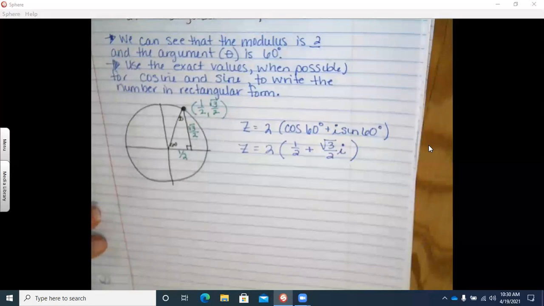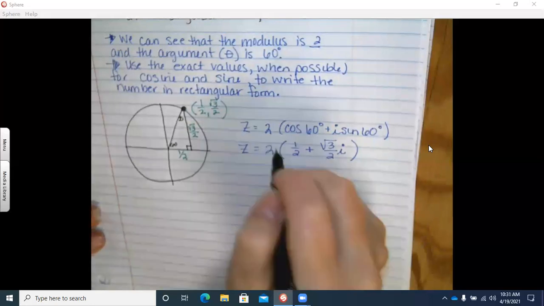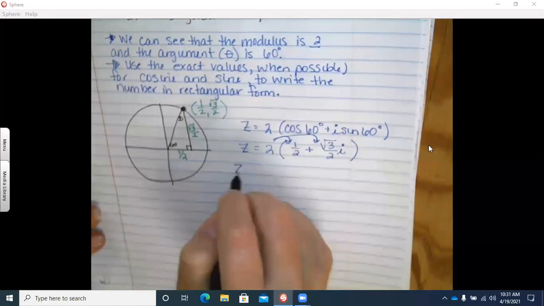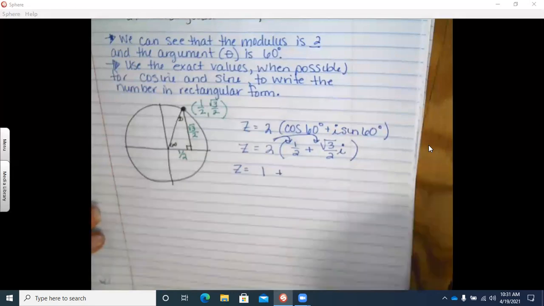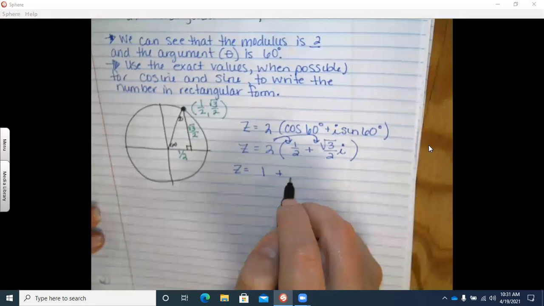Okay, but we know in rectangular form there are no parentheses, right? So we can distribute that 2. And what is 2 times 1/2? 1 plus 2 times the square root of 3/2. Aren't those 2's going to cancel and leave you with square root of 3 i, but we wouldn't write it like that. We would say i square root of 3.